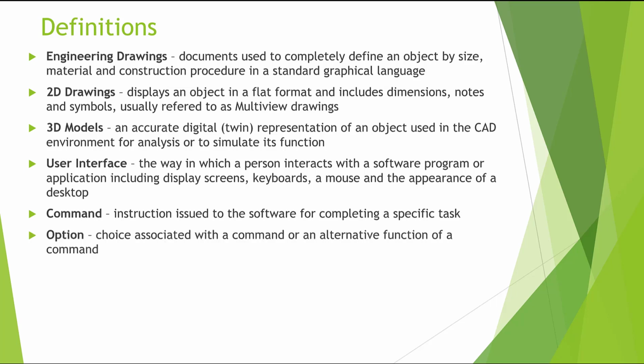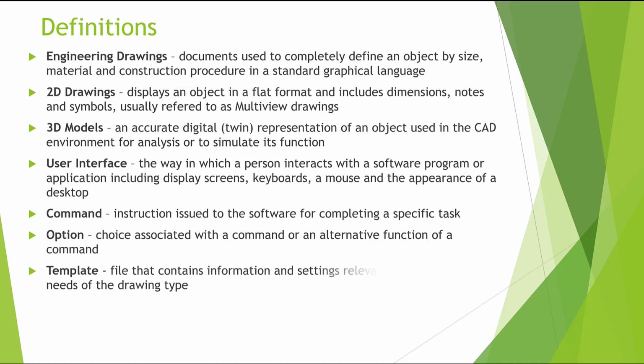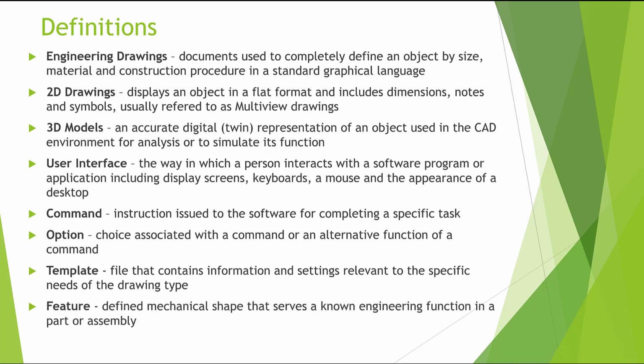An option is a choice associated with the command or an alternative function of that command. Templates are files that define the specific settings needed for a certain drawing type. A feature is a defined mechanical shape of a part. You also have work features, which are axes, planes, and points.